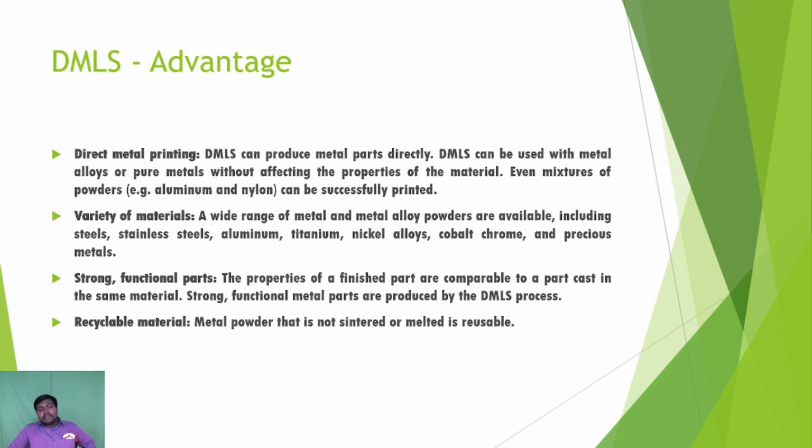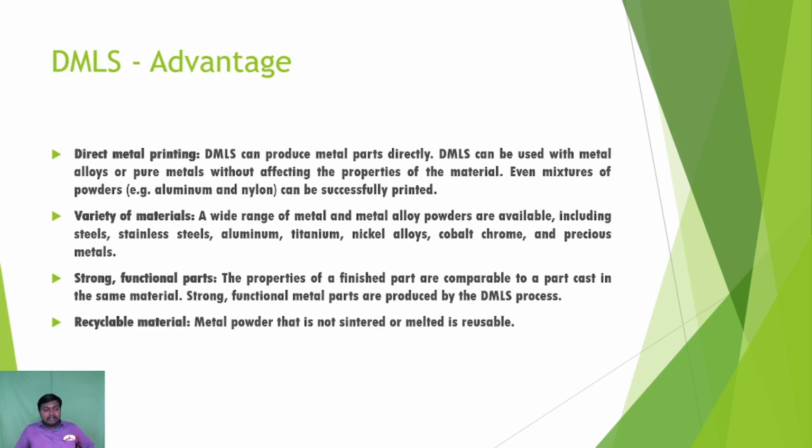We can use a variety of materials such as metal alloy powders, including steel, stainless steel, aluminum, titanium, nickel alloys, cobalt, chromium, and precious metals in a DMLS printer. But we can only use metals in powder form in direct metal laser sintering.